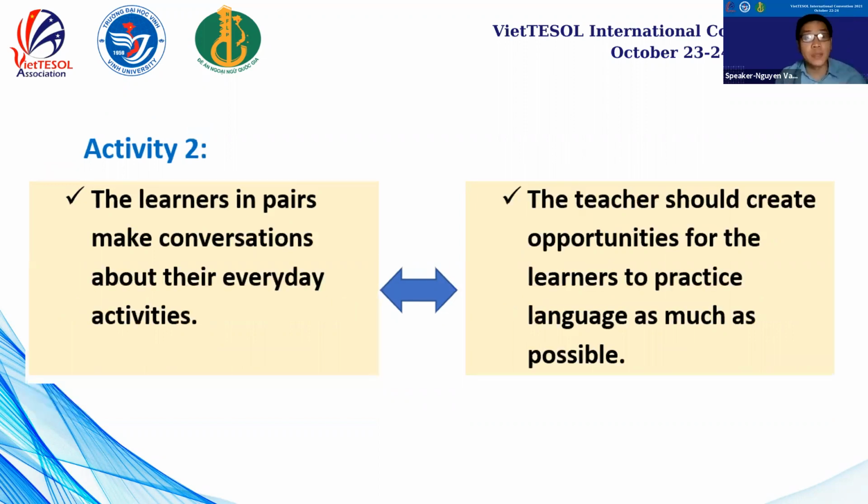In this activity, learners make conversations about their activities. The teacher should facilitate opportunities for students to practice language as much as possible inside the classroom. I mean that these activities allow students to use the grammar structures learned in the lesson to produce the language.